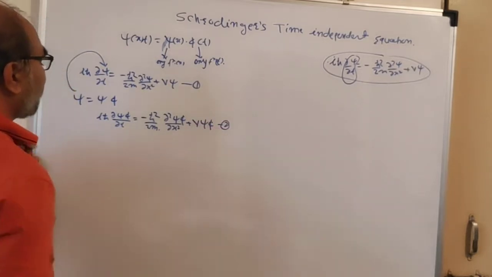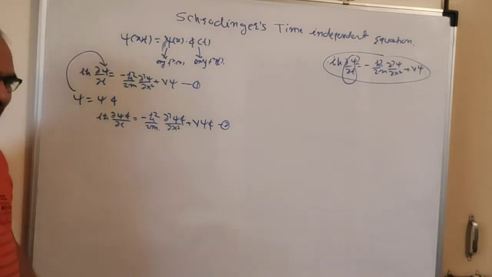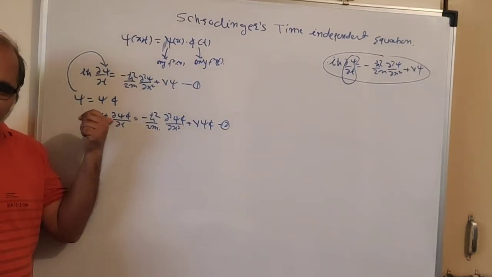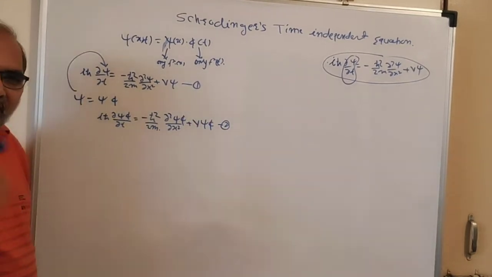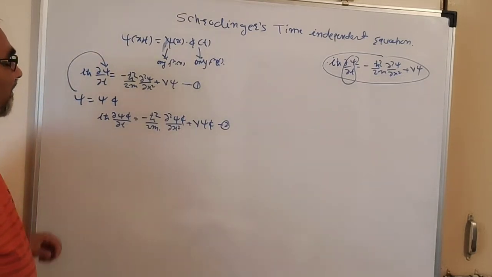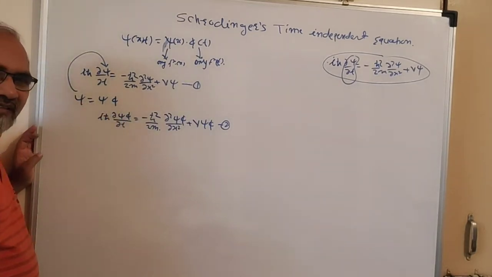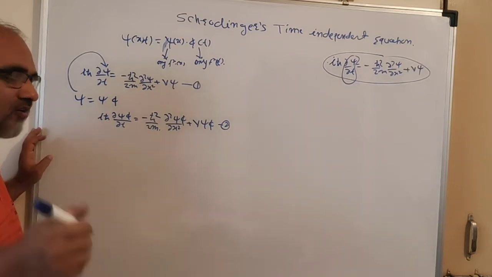Say equation 2. Here, differentiation with respect to t, and there are two variables, one is ψ and another is φ, but ψ is a function of x only, whereas φ is a function of t only, and therefore ψ can be treated as a constant here.